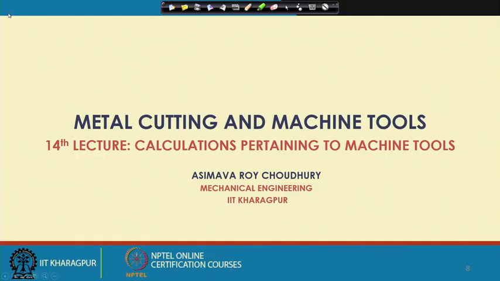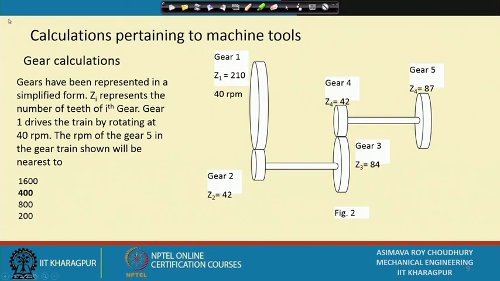So, 14th lecture, calculations pertaining to machine tools. First of all, calculations pertaining to gears. Okay. We have a gear train and we are given, what are we given? The gears have been represented in a simplified form, that is understood. They are represented as circles seen from an angle.